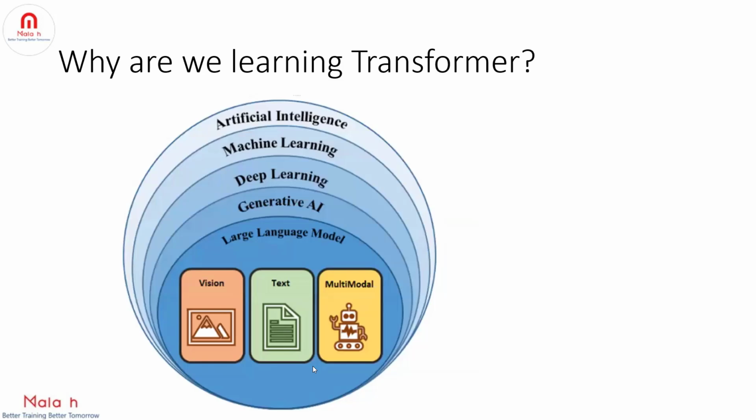But as you know, we have GPT-1, GPT-2, GPT-3, GPT-4. All these GPTs are built on top of transformer architecture. So transformer is a part of generative models, which is part of neural networks, which is part of machine learning, which is part of artificial intelligence.